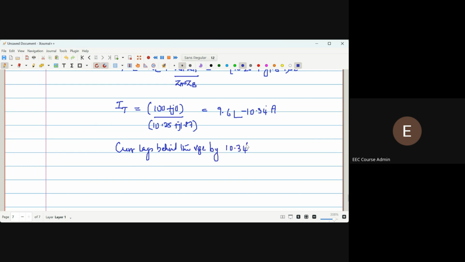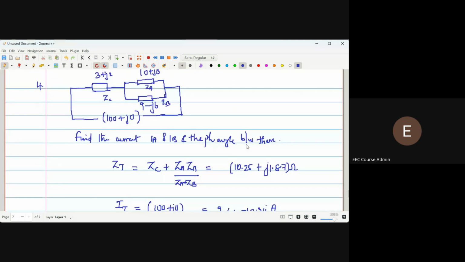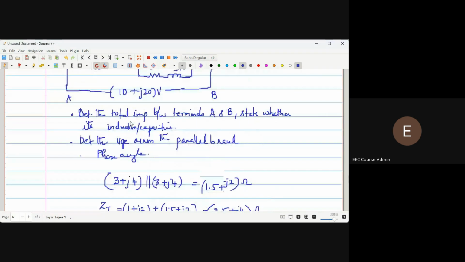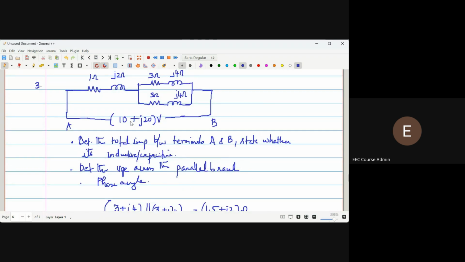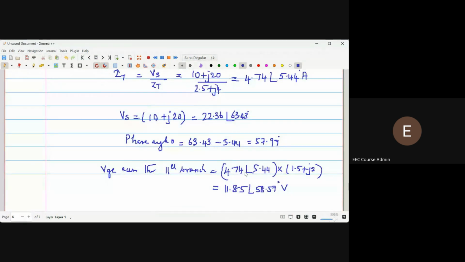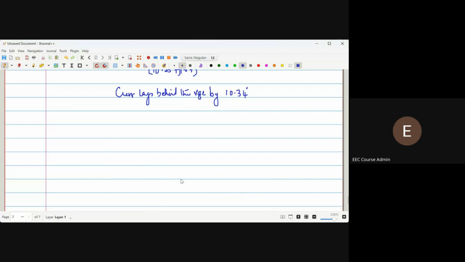The angle involved in the applied voltage is 0 because 100 + j0 is 100 angle 0. Earlier we had an angle in the applied voltage, 10 + j20, which was 63.43 degrees, so that difference was the phase angle. So here this is the case.